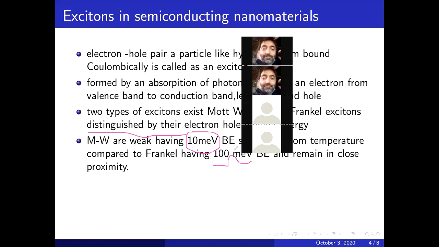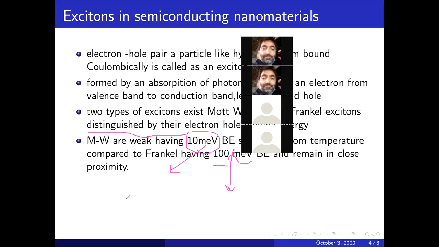So this is strongly bound. If you want to break this kind of exciton, you need to impart some 100 meV energy, while if you want to break this kind of bound system, you just need 10 meV.